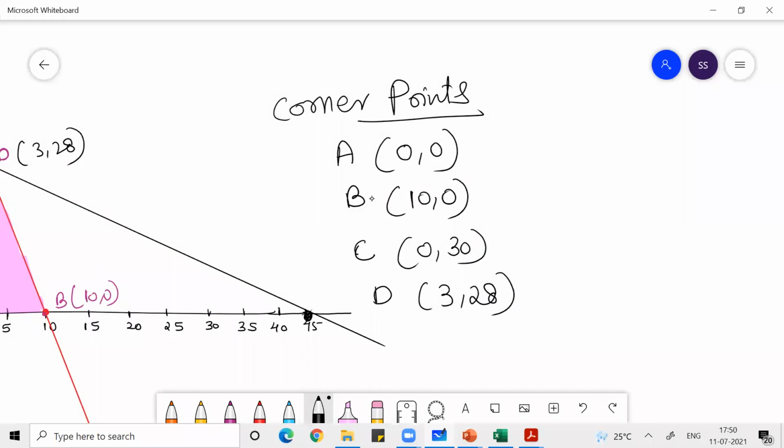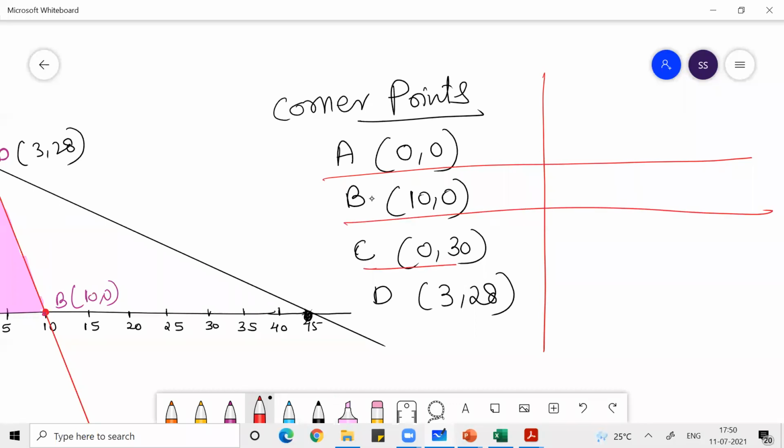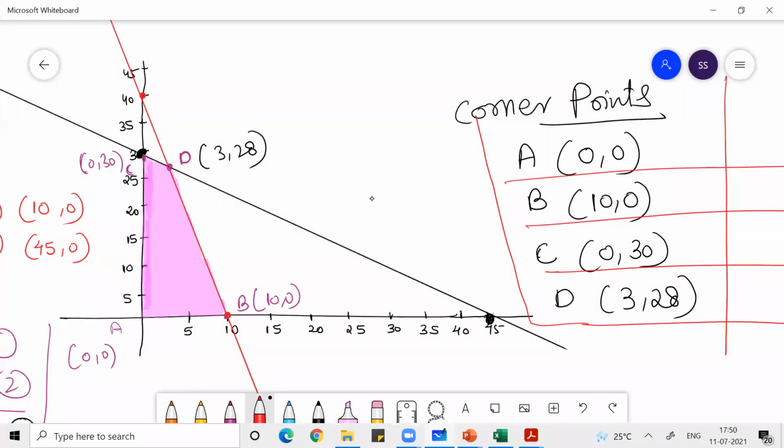These are your corner points. What are corner points? They are the vertices of the polygon you get from the feasible region. The feasible region is the region which is common between all the lines.